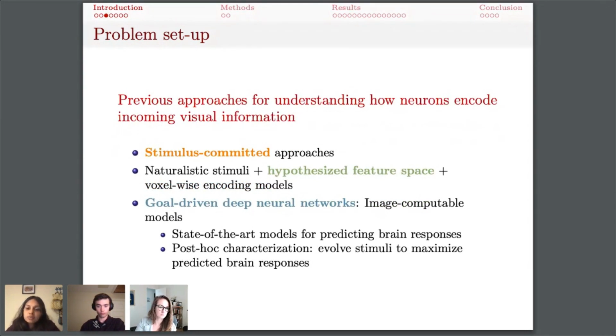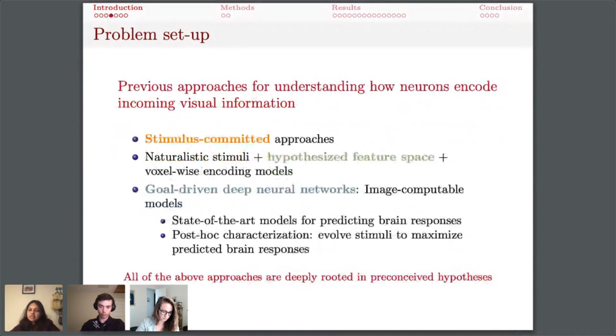These image-computable models have set new standards for predicting brain responses throughout the ventral visual pathway. One way in which these deep neural network models of the visual cortex can facilitate understanding of the neuronal tuning axis is through post hoc stimulus optimization procedures, for example, by evolving stimuli to maximize the predicted responses and then probing the perceptual qualities of these most activating stimuli.